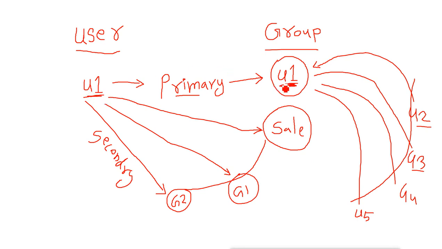So in a single group we can have multiple primary members. But for a user, one group will be the primary group.